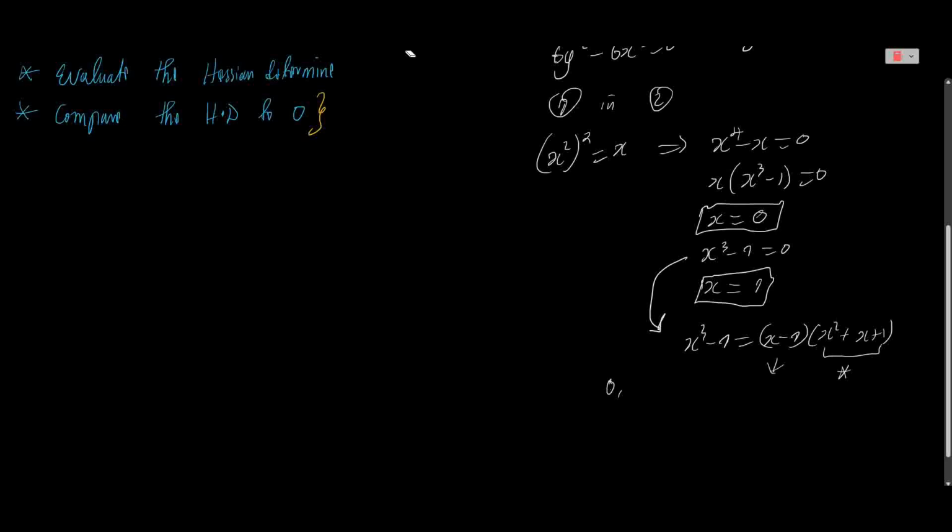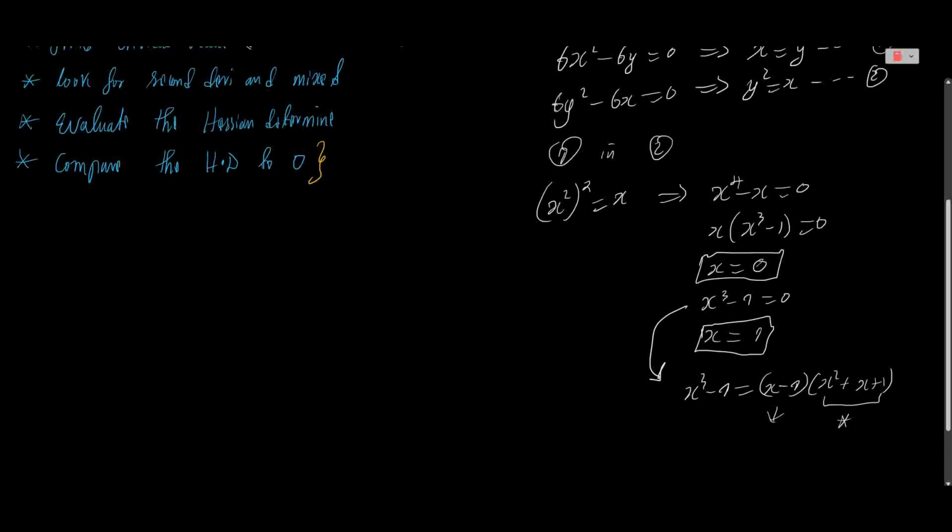Now those are the critical values for the x coordinate. So now we're going to calculate the critical points, because a point is a coordinate. From the above equations, we saw that x is y squared and y squared is x.